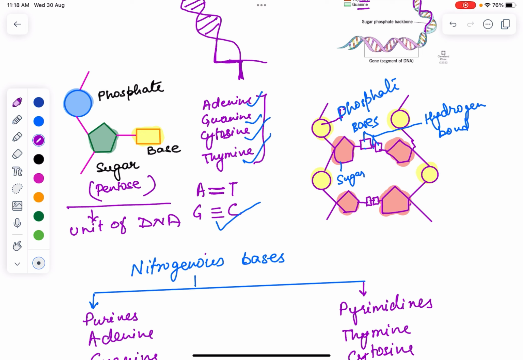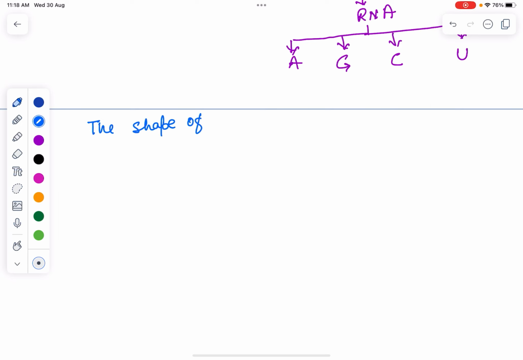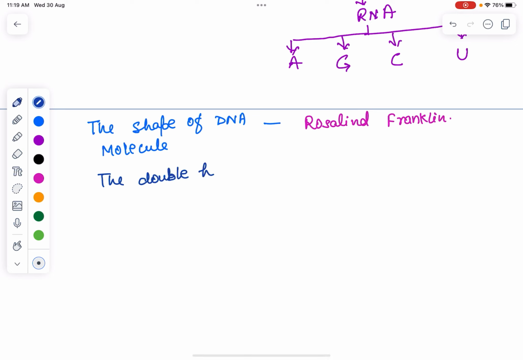The shape of DNA was given by Rosalind Franklin, and the double helical model of DNA was given by Watson and Crick. What is double helical?